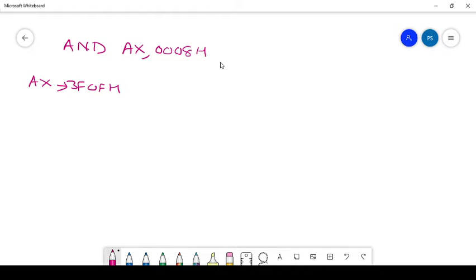So we'll see that operation bit by bit. 3F0F: 3 means 0011, F means 1111, 0 means 0000, again F means 1111. 0008 means 0000 0000 0000 1000. So bit by bit logical AND.